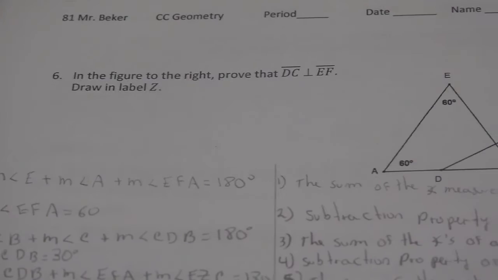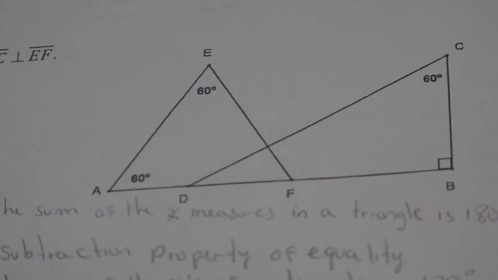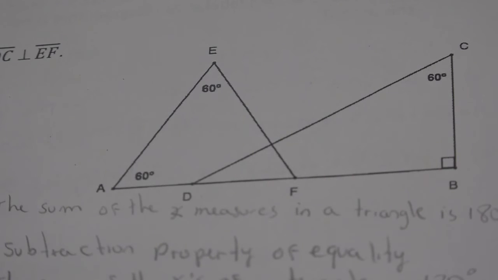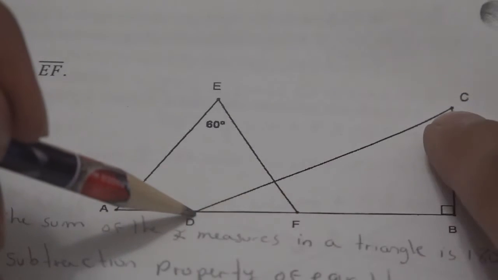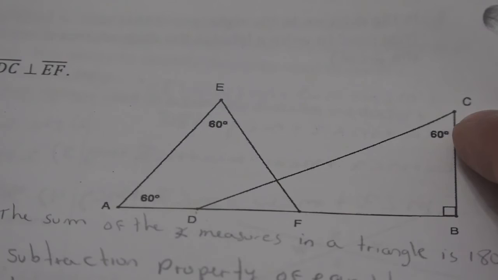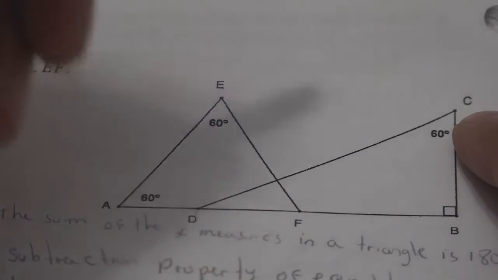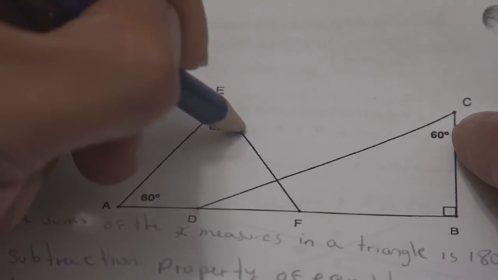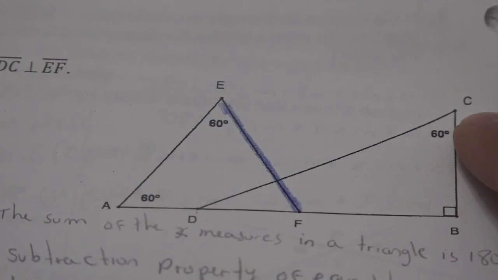Okay, let's look at this diagram. I'm supposed to prove that DC, this line right here, it's hard, right, is perpendicular to EF, to this line. Let me use a color.